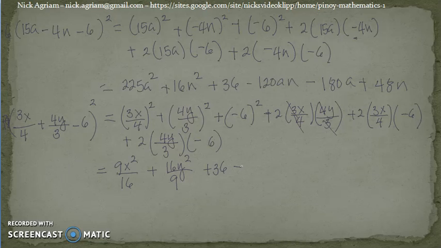Then we have 2xy. It became 1 there, and 1 also. So 2 times 1, x times 1y is 2xy divided by 1. But we don't need to write that one.